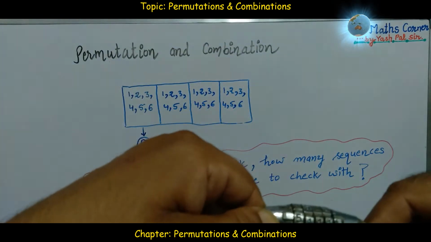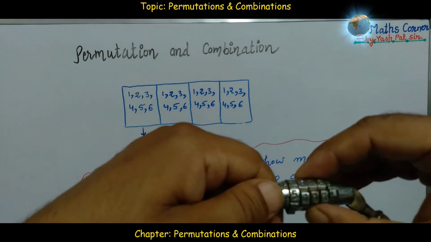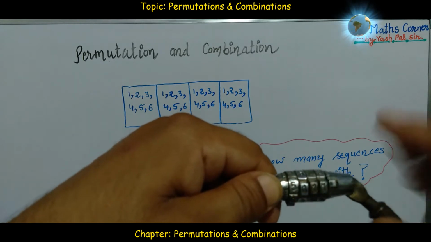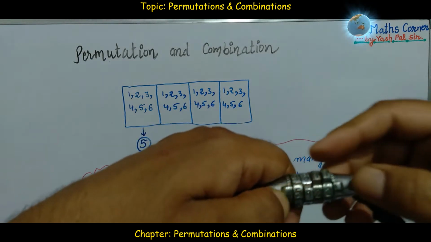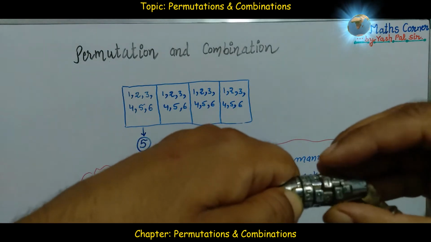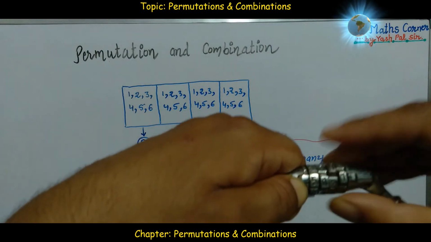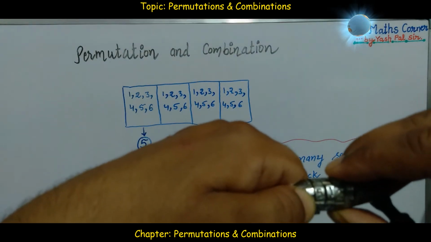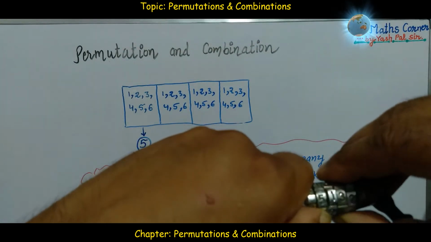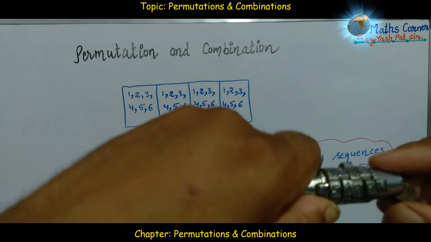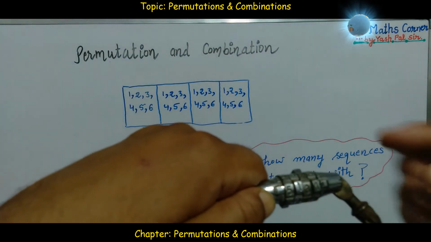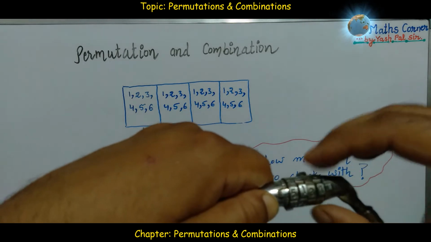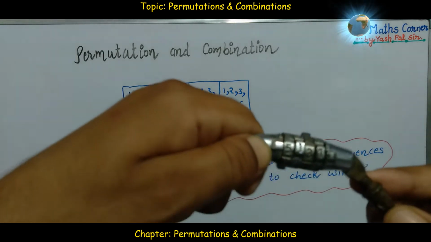And if this is not opening, now what do we do? Keeping one fixed, here 2: 1, 2, 1. No, this is not opening. 1, 3, 1. This way we shall have the plan to open this lock.